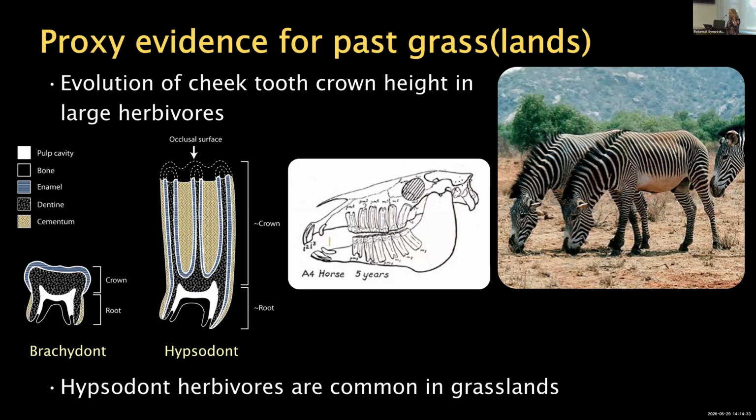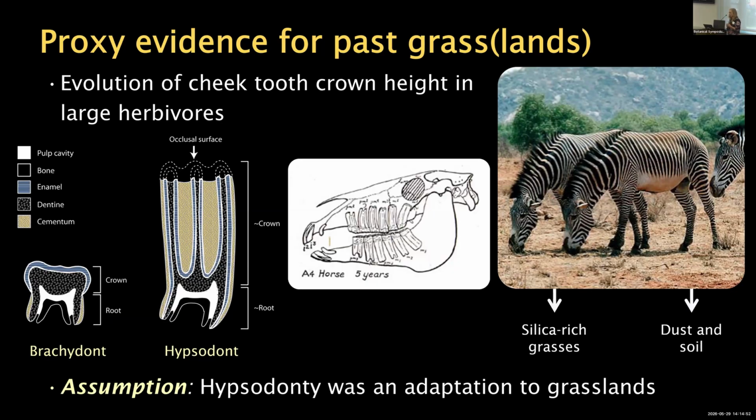these really tall cheek teeth allow the teeth to be worn down in abrasive feeding, which happens in grasslands, either because animals are feeding on silica-rich grasses, or they get a lot of soil and dust in their mouths as they're feeding really low to the ground. And so the assumption has been traditionally that hypsodonty evolved as an adaptation to feeding in grasslands.